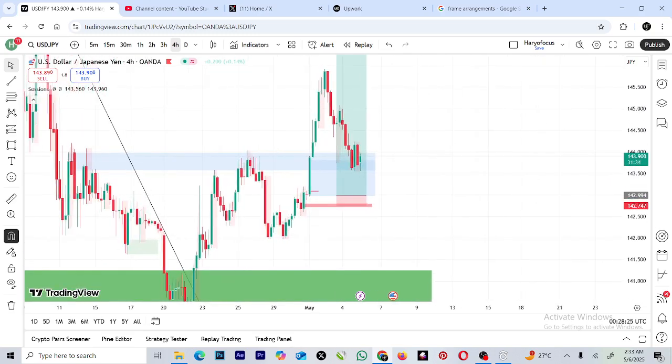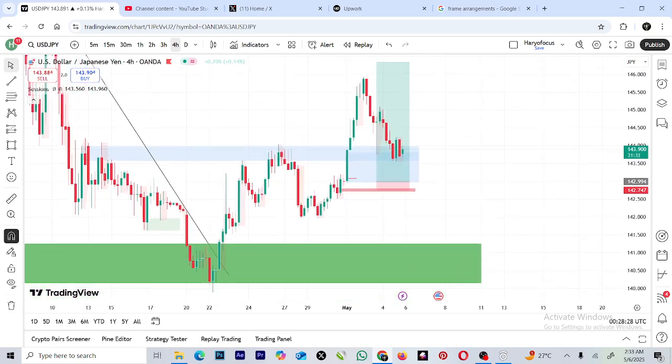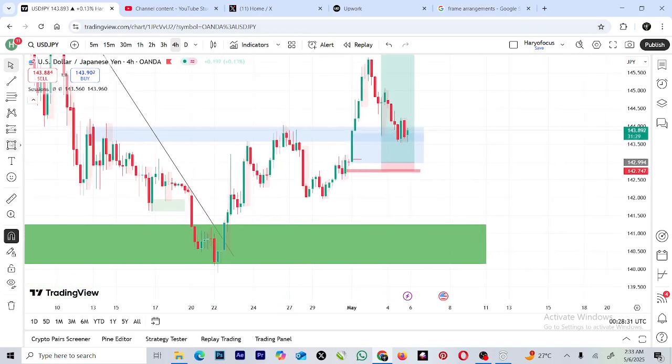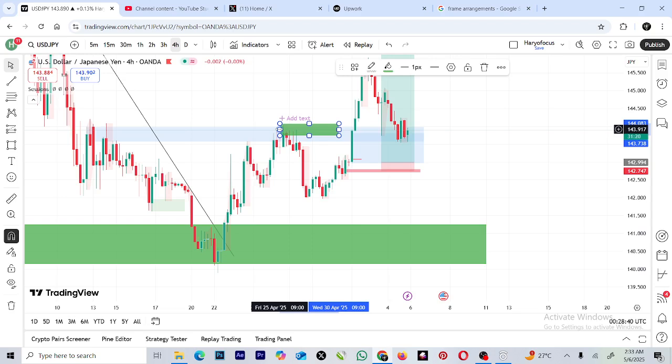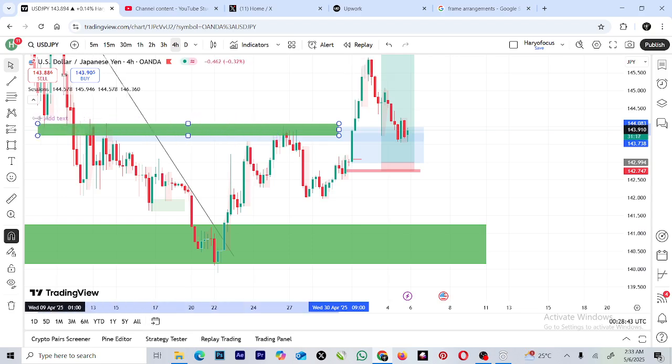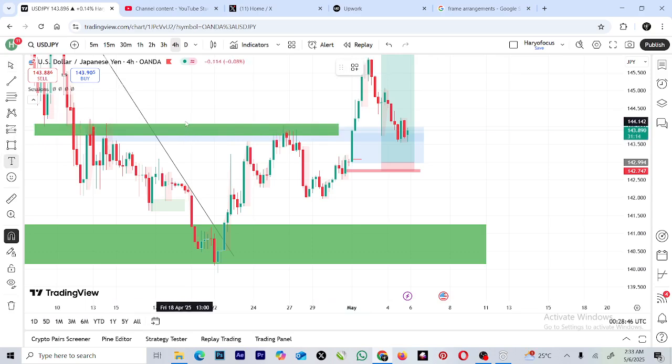So let me come here. Here, according to what I teach you guys before, here is our resistance, right? Here before, here is our supply zone.